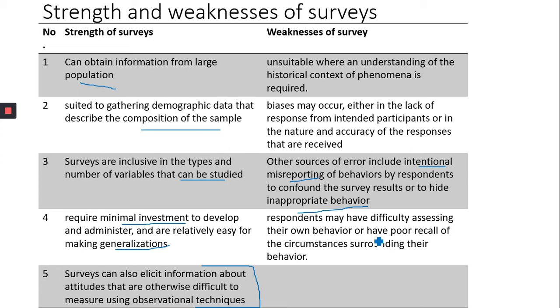You will never get such information, it's very difficult actually. People will withdraw from giving such information. Respondents may also find it very difficult to assess their behavior. No one will say, I am not well behaved.